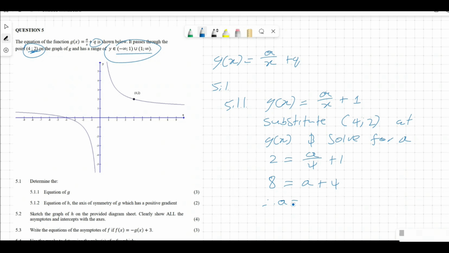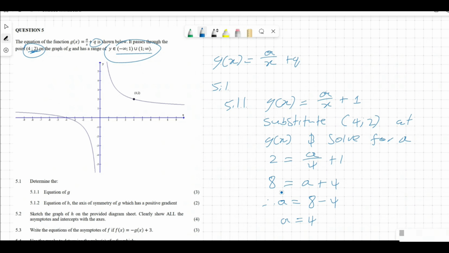Therefore, what is the value of a? Sorry, let me try it again. It's 8 minus 4. Transpose 4 to the other side. A equals 8 minus 4, so a equals 4.